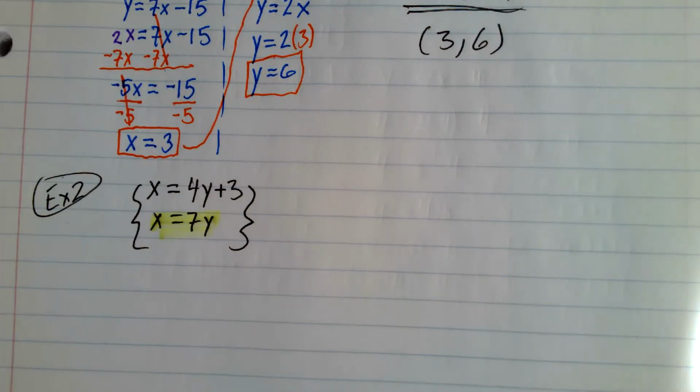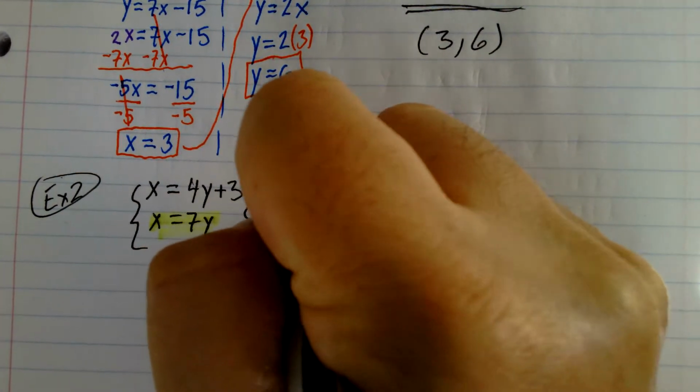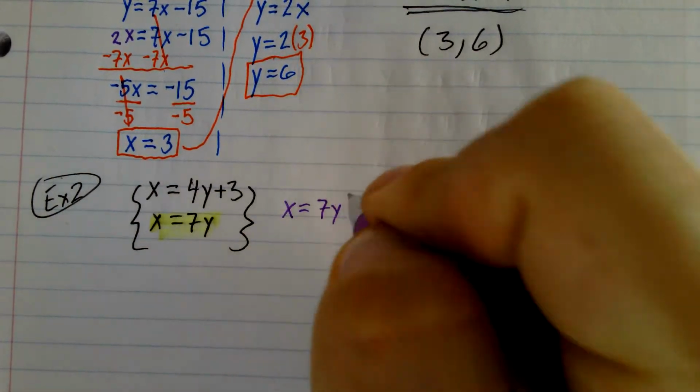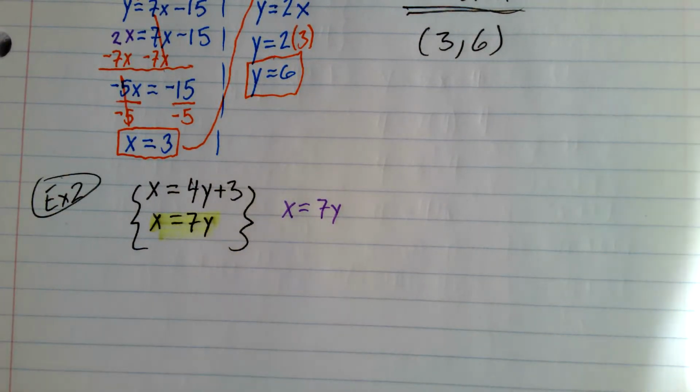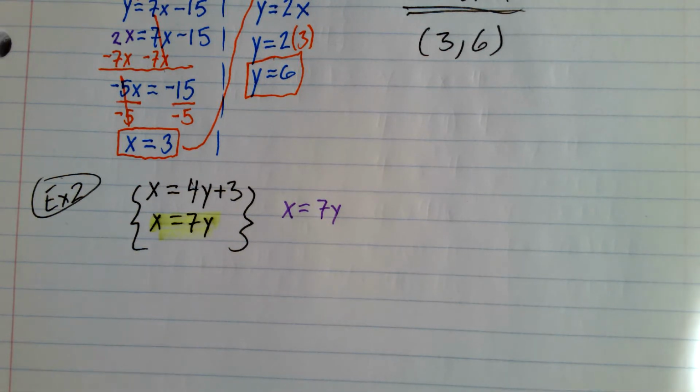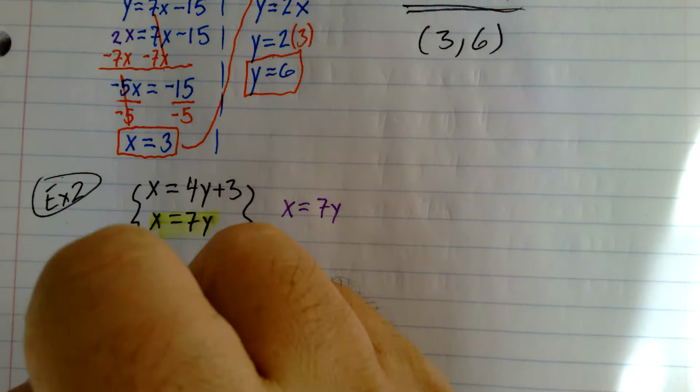Correct. X equals 7y. X equals 7y. We are going to work with that equation. Let me write it down here. X equals 7y. It's just shorter and less stuff to substitute.